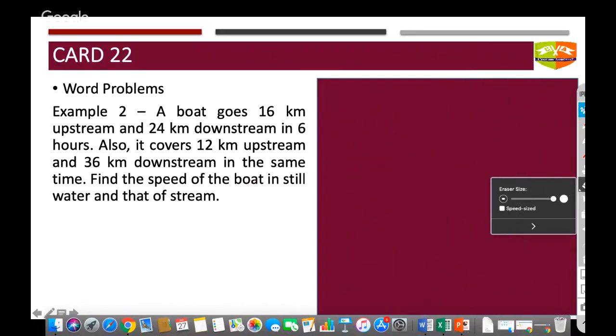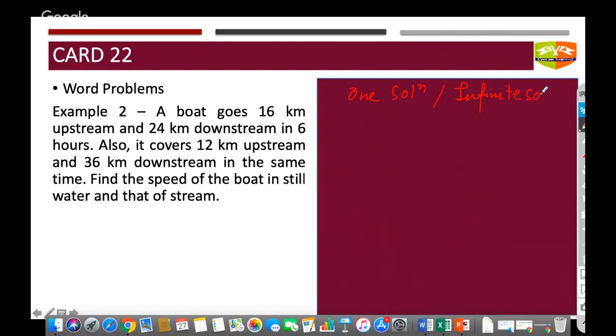There were two possible cases: either one solution or infinite solutions. For inconsistent, there is no solution. I have already explained that one solution means intersection of two lines, infinite solutions means coinciding lines, and no solution means two parallel lines.